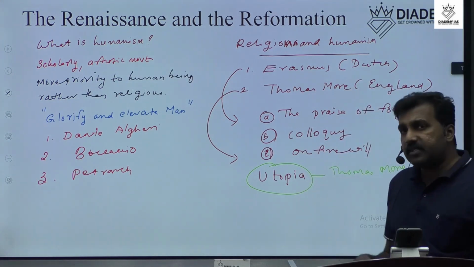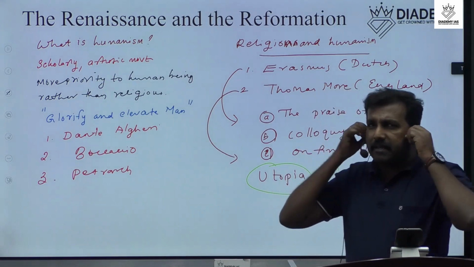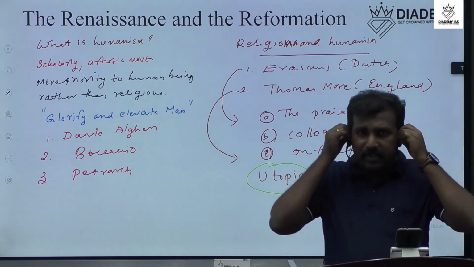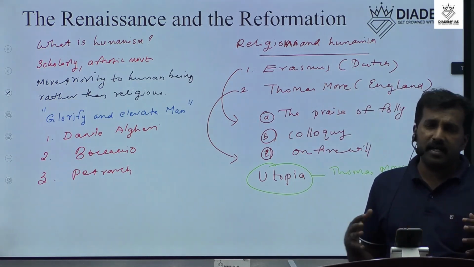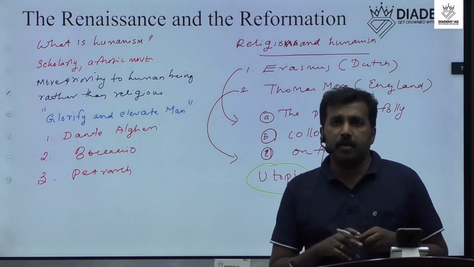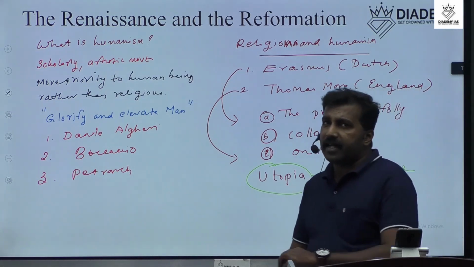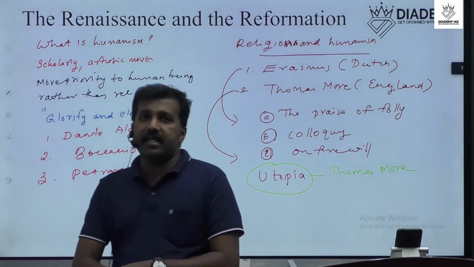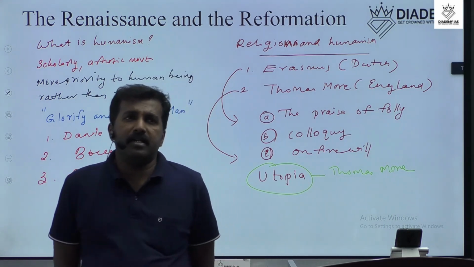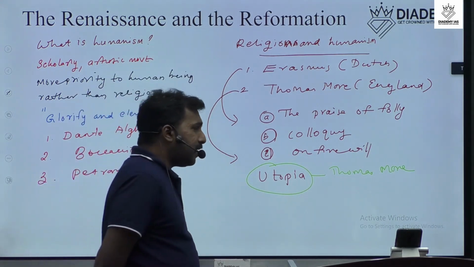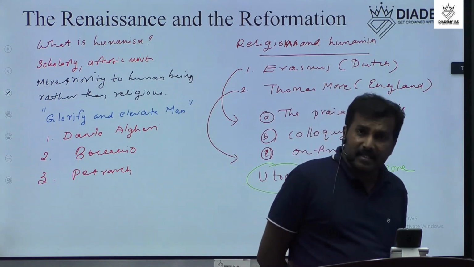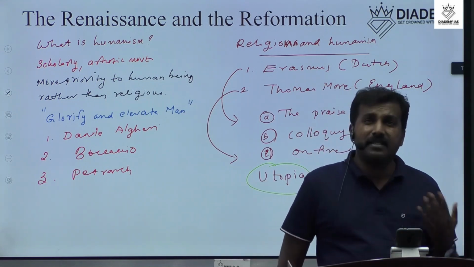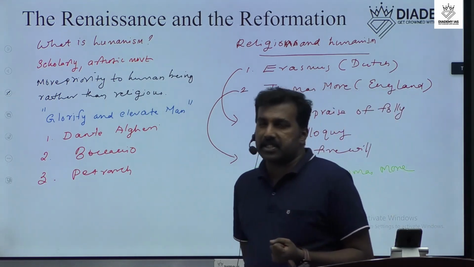And mainly, what is Utopia? Utopia is an imaginary island. Through this work, Thomas More tried to convey an imaginary society. Utopia is considered as an England, the name of an island. It's an imaginary location.